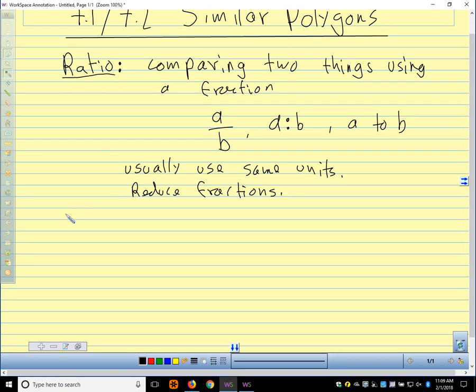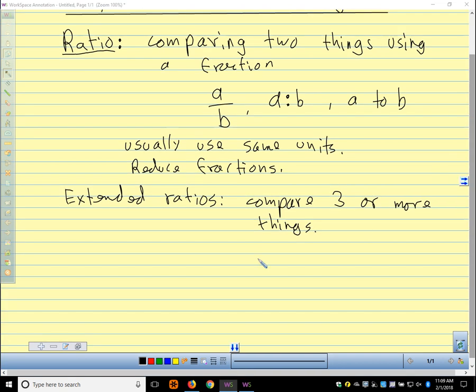We can also have extended ratios. Extended ratios compare 3 or more things. So we could say, for example, A to B to C. You might say 4 cups of flour to 1 cup of sugar to half a cup of butter.